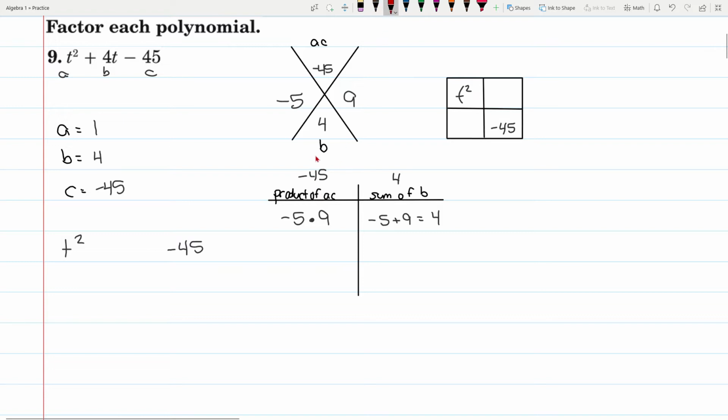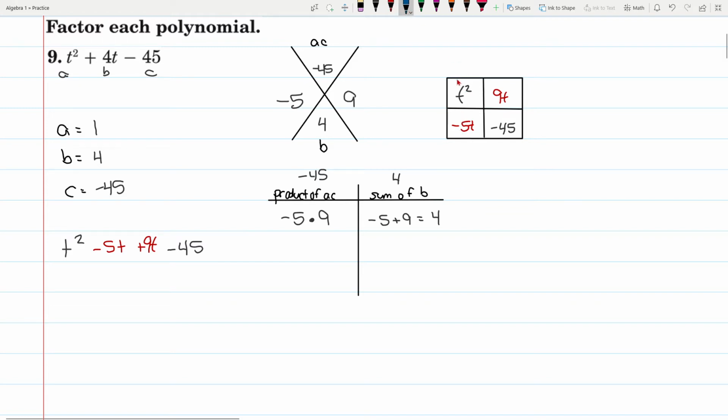By finding this negative 5 and 9, we're replacing the 4t with a minus 5t and a plus 9t. 4t becomes negative 5t plus 9t. That's what we're putting in these boxes, a negative 5t and a 9t. Basically what we're doing with this is factoring by grouping.